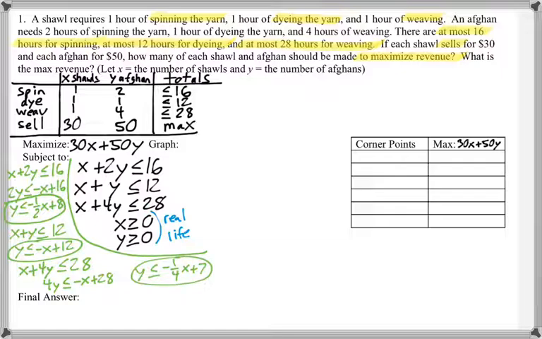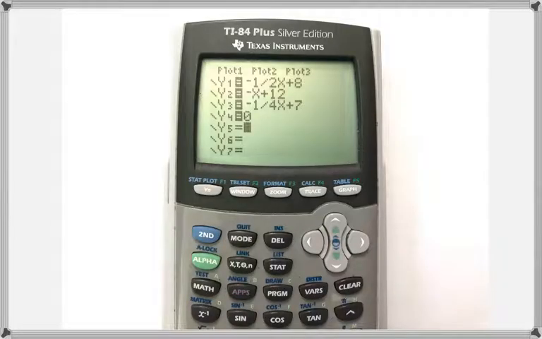So I'm going to be graphing these three lines as well as y is greater than or equal to 0. We can't graph the x one, we have to do that by hand. So I'm ready to graph my lines on my calculator. If I go to the y equals menu and type them into y1 through y4, I do want to change my window.